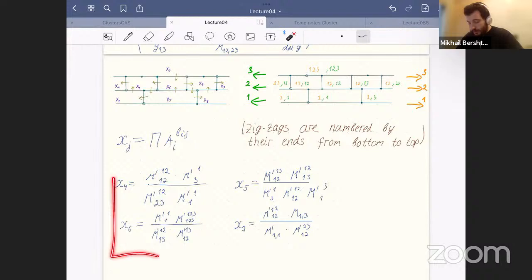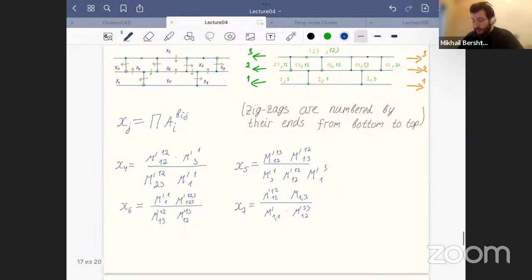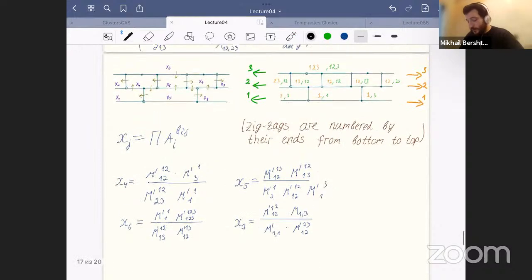And actually, this formula works for all internal faces. One can ask what happens for the other faces, and the answer is the formula is like this with a small correction.